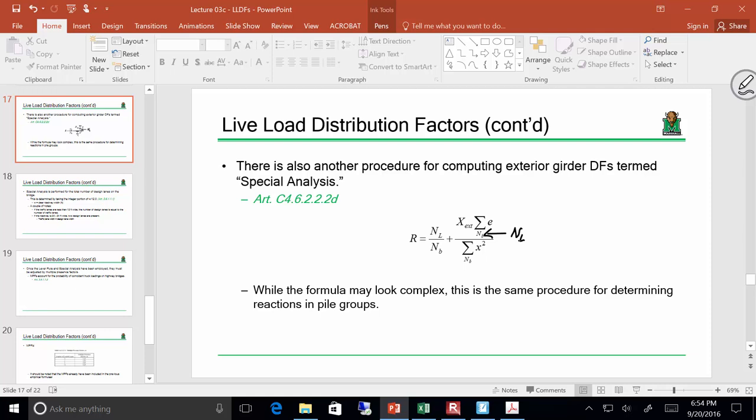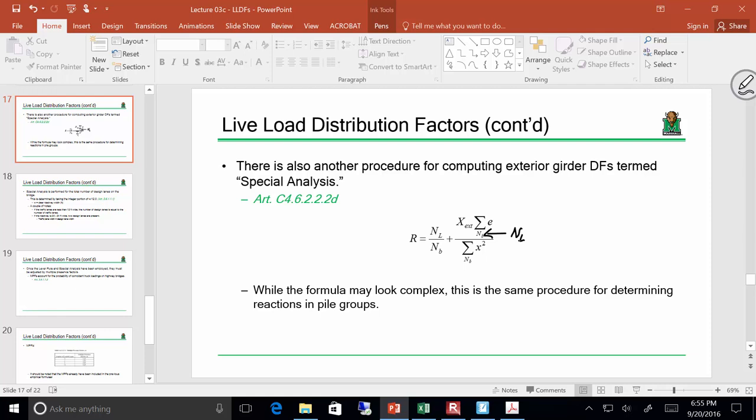Here was the point I was making, so this is why this is valid. The number of beams doesn't change each time you do structural analysis. It's still 4 beams. This external center of gravity distance doesn't change. It's still 15 feet. This quantity doesn't change either. That's essentially an effective moment of inertia of the girders, and that's going to be 500 square feet. What is going to change is the number of lanes and then this eccentricity distance.